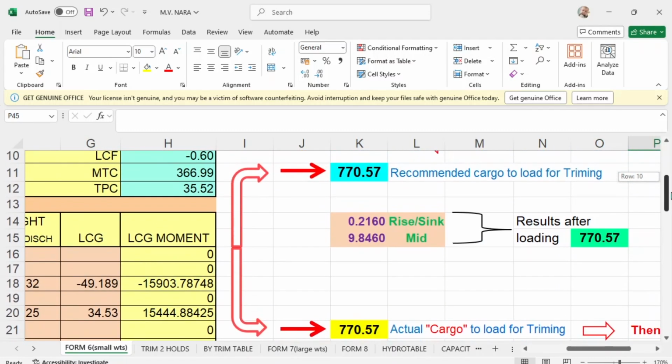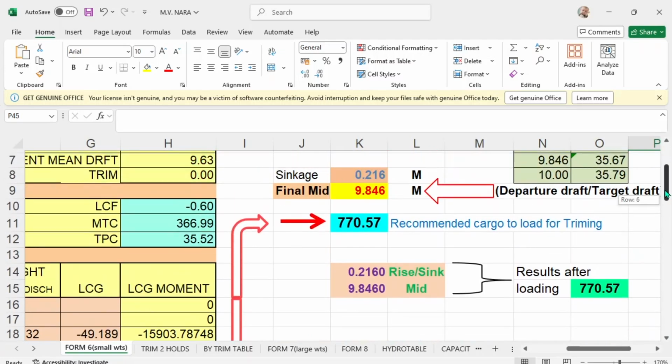You will have exactly the same figure here, 9.846, which is the same here, and 216, which is the same here, if you load exactly 770.57, which is this one.